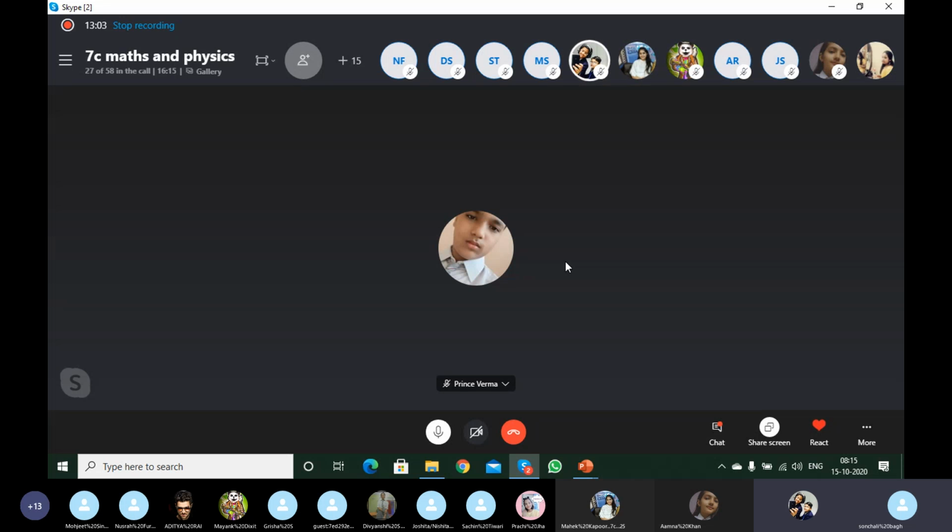And lastly, 36 upon 225. Now on rearranging, what do you get? 175 upon 225 is greater than 120 upon 225, which is greater than 90 upon 225, which is greater than 36 upon 225. Very good.